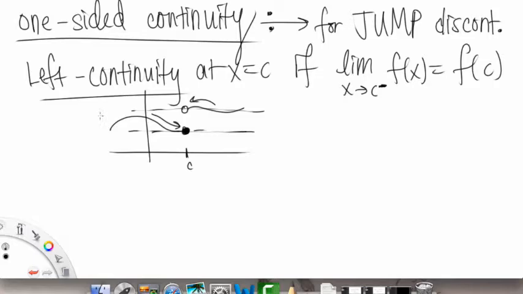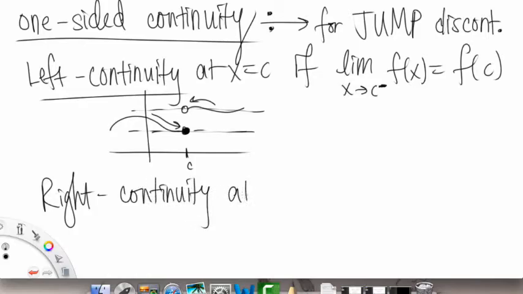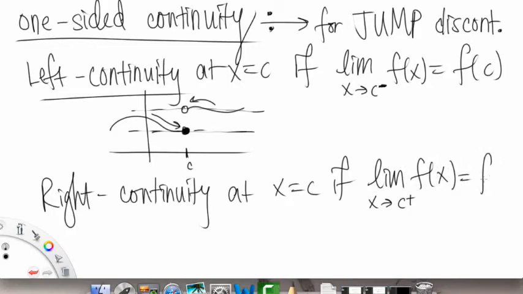Because we have that agreement between the left side limit and the function itself at c, this is called a left continuity. A right continuity, on the other hand, would look like the opposite. At x equals c, we have the same exact thing, except now x goes to c plus, a little bit from the right of c, and the limit of f of x is equal to f of c.